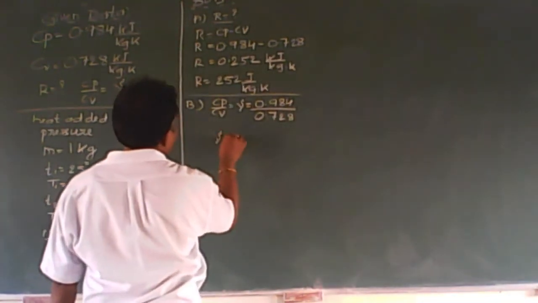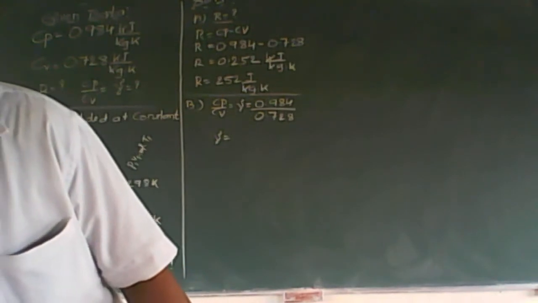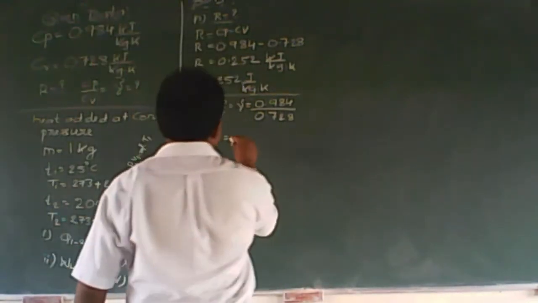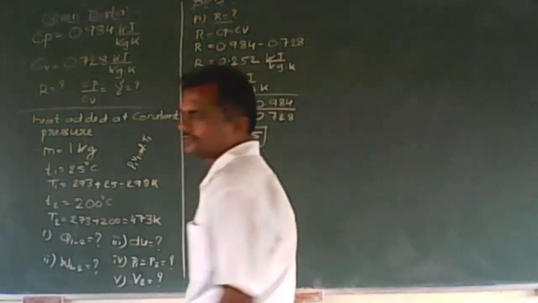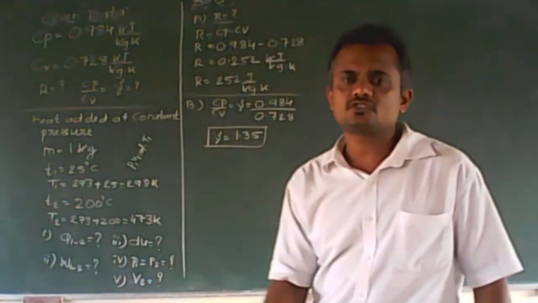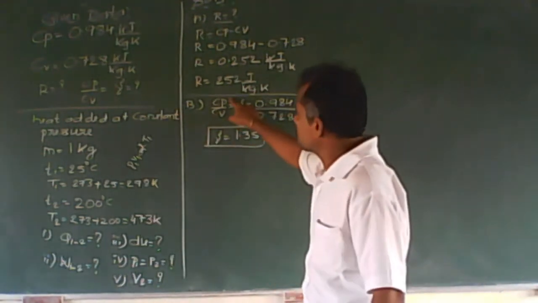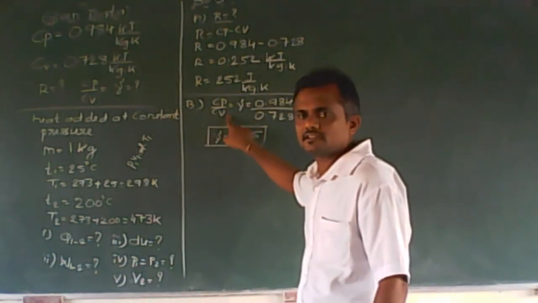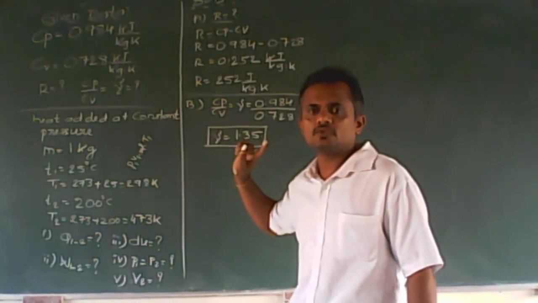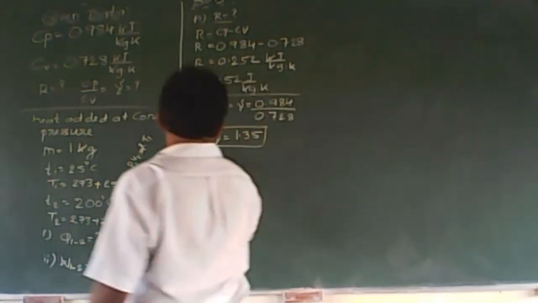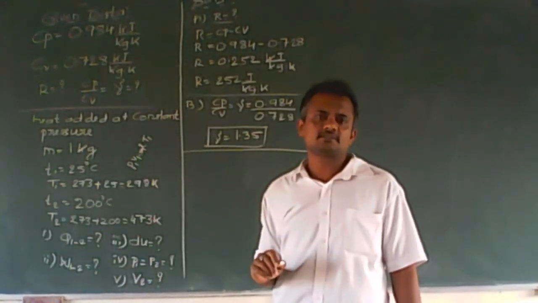So we can use the calculator and we get gamma value 1.35. It is the gamma value, the ratio of specific heats, and don't think that it has a unit. Kilojoules per kg Kelvin divided by kilojoules per kg Kelvin, both get cancelled, and gamma has no unit at all. So afterwards we have to go for the unknown things to determine.